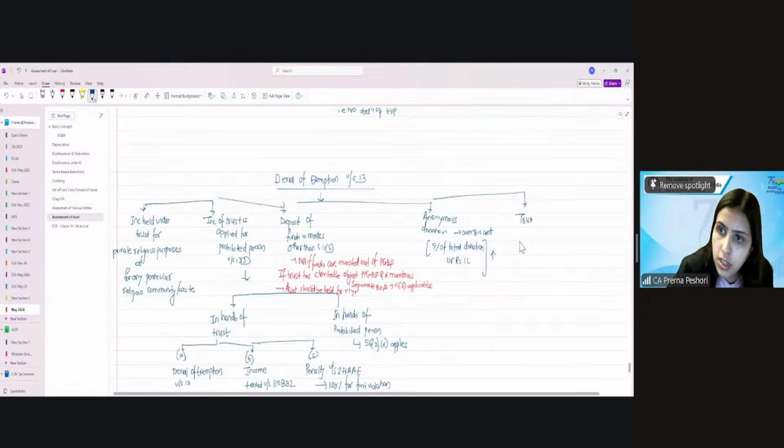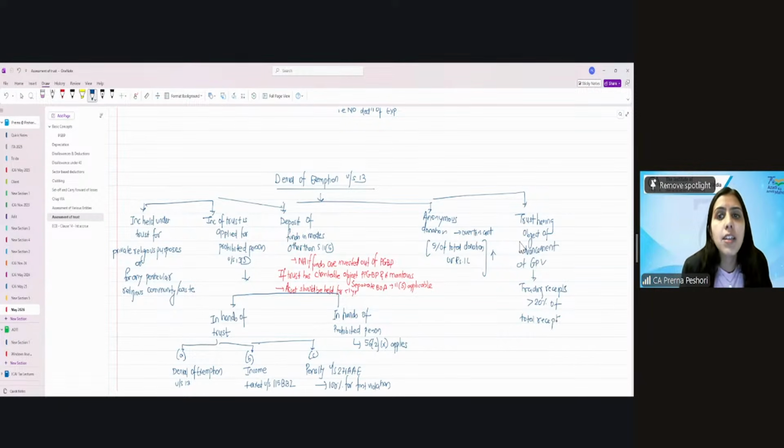So trust having object of advancement of general public utility and where my trading receipts are greater than 20% of total receipts, in this case also, the exemption of the trust will get denied. Clear? Yes or no? Clear.